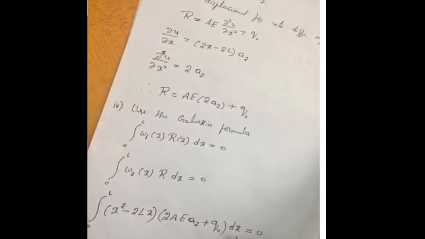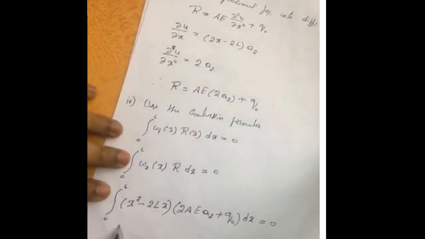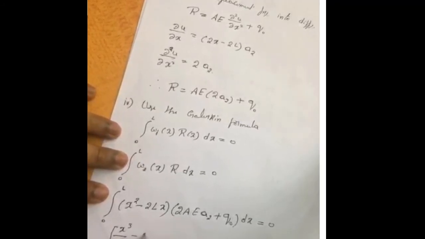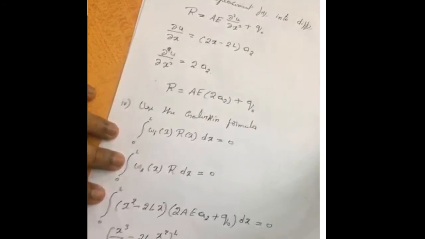Next we have to integrate: x cube by 3 minus 2L times x square by 2, with limits 0 to L, times 2AE a2 plus q naught, is equal to 0.